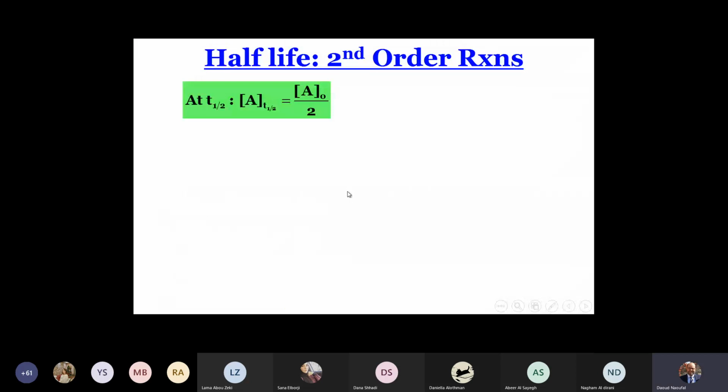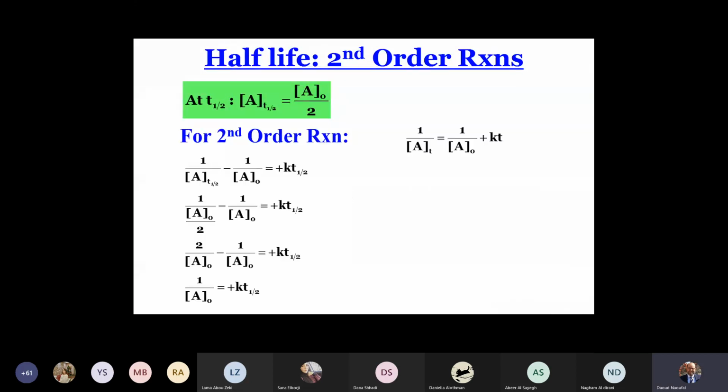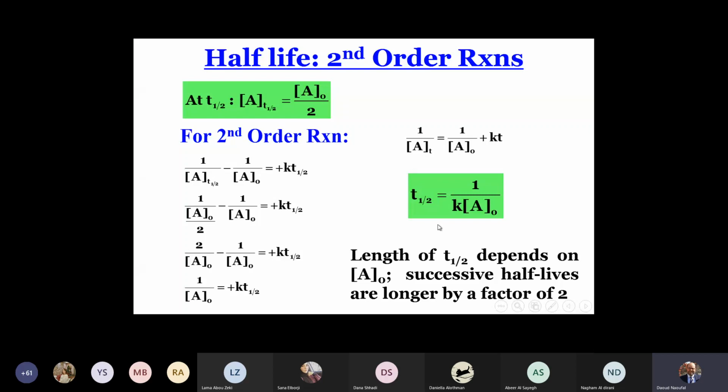For a second order reaction, we follow the same steps. 1 over At equals 1 over A0 plus Kt. This relation is justified at any time t. One of these times is t equal t-half. We put At by its value in terms of A0, and we obtain t-half equal to 1 over K A0.